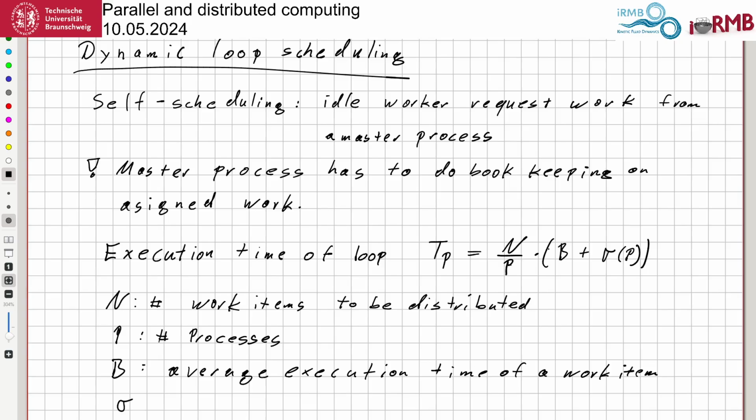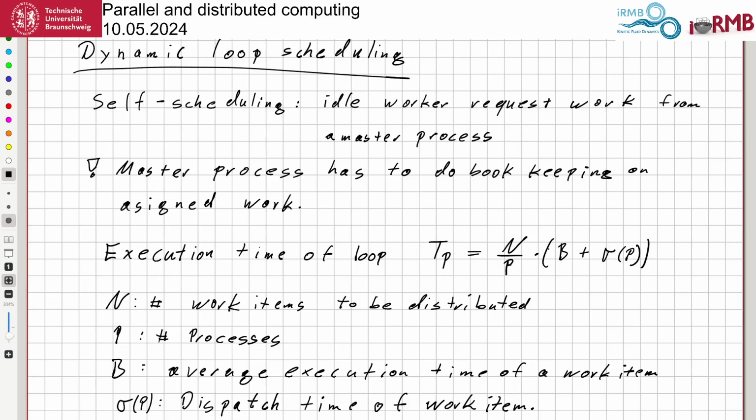And sigma is a function of P, the dispatch time of the work item.